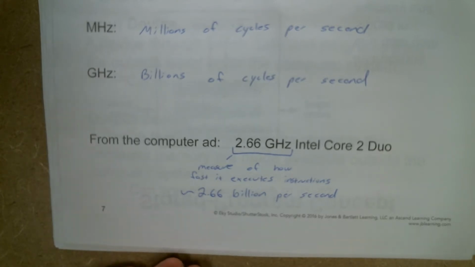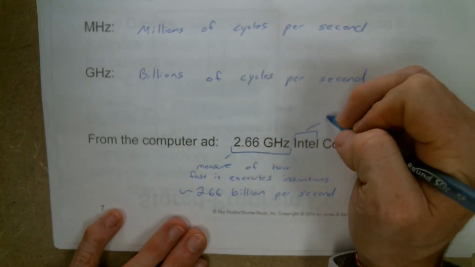Even the most basic code that you write in Python might be 10 or 12 different instructions. Any more complicated code might be thousands or hundreds of thousands of instructions. So the fact that it can do 2.66 billion per second seems really good until you grasp how many instructions need to happen to actually accomplish anything.